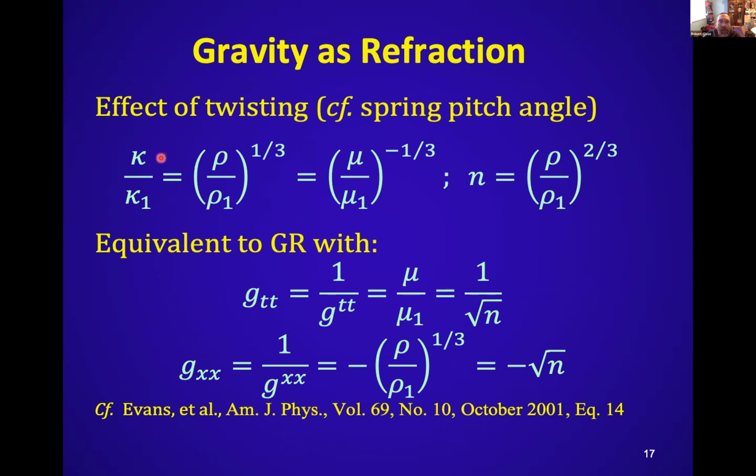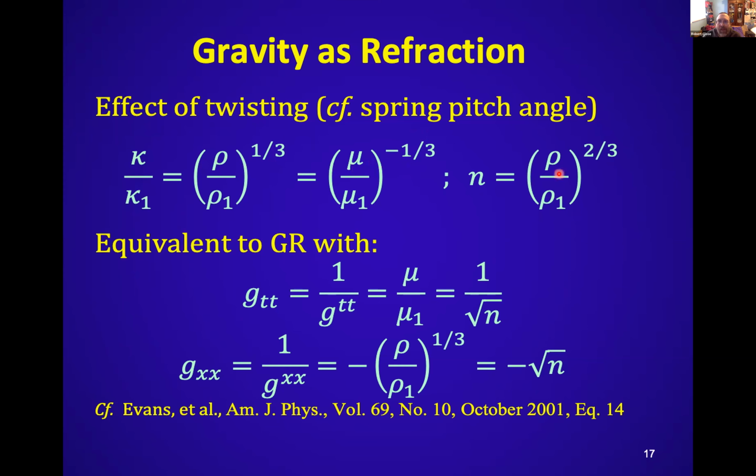The radial dependence varies with the density to the 1/3 power. And the shear modulus varies like inverse of the density. You can think of it like if you take a spring, if the windings are tighter, then the spring is weaker. So that's why this is the inverse of that.